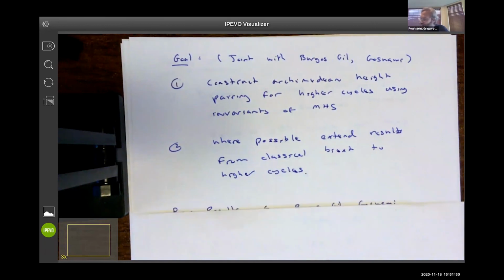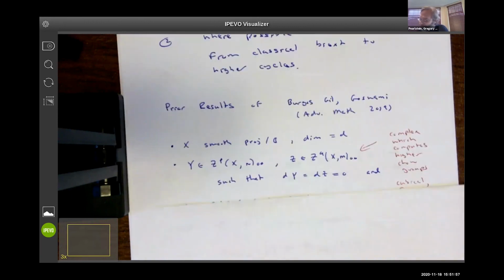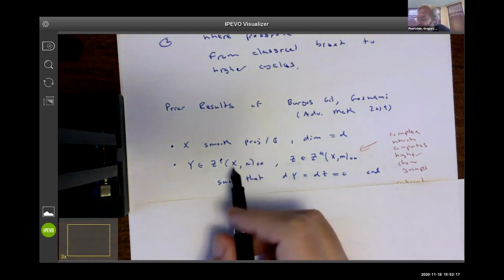Okay, so now I have to tell you about the previous work of just Burgos Gil and Goswami. So this appeared in Advances in Math 2019. Okay, so here we're going to let X be a smooth projective variety over C of dimension D. Okay, so Y and Z are going to be in these complexes.